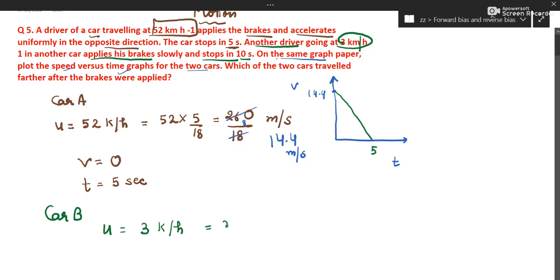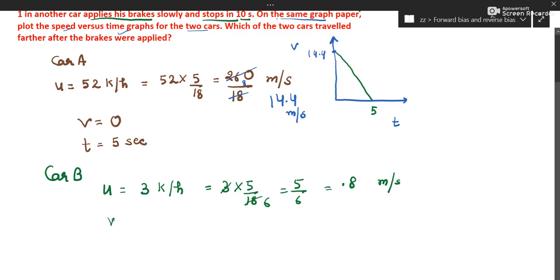We'll convert into meter per second once again. 3 into 5 by 18, so it is 5 by 6. 6 7s are 42, 6 8s are 48. So it is approximately 0.8. You can divide it further also. So now it stops. So final velocity is 0 and the time taken is 10 seconds.